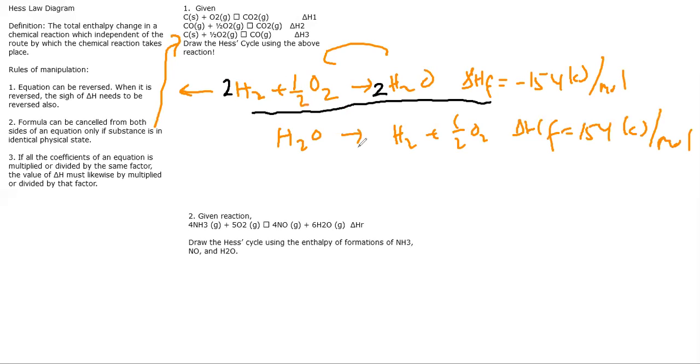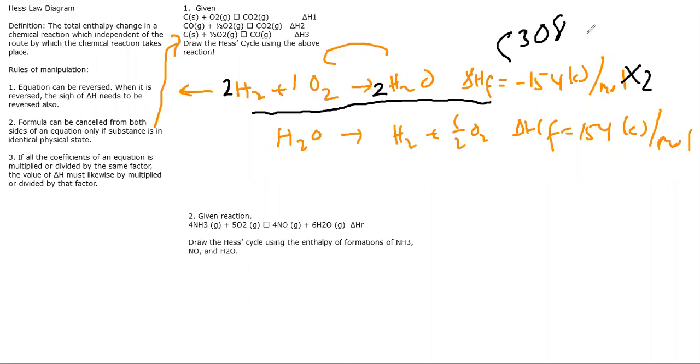And if you multiply that half, then you'll have only one oxygen. As a consequence, you also need to multiply this value by 2.